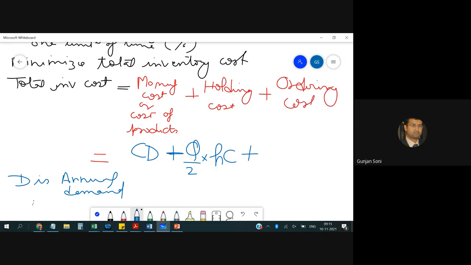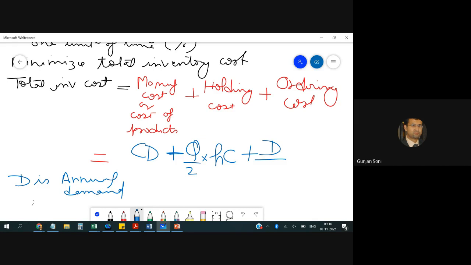So in a way, if the total demand in a given year is D, and your lot size is Q, so every time when you're placing an order, you're ordering Q amount of quantity, or every time you're doing production, you are doing a production of Q quantity.